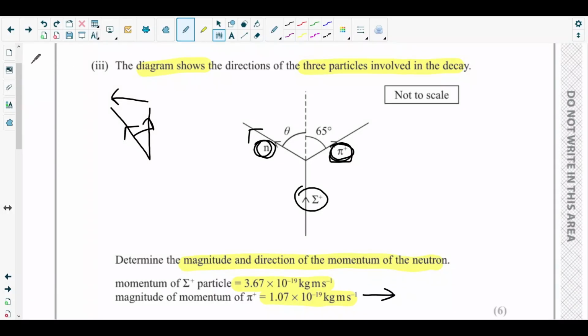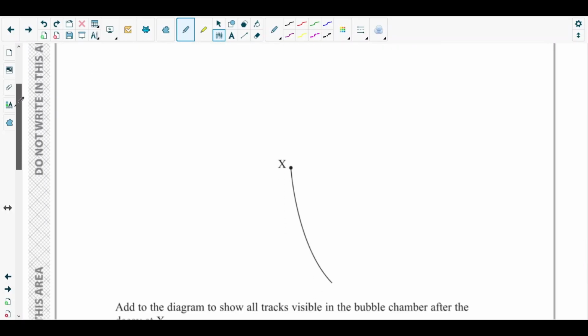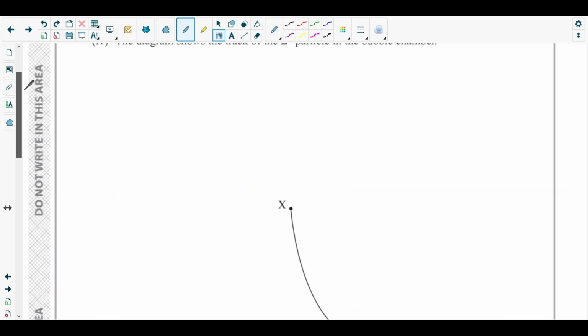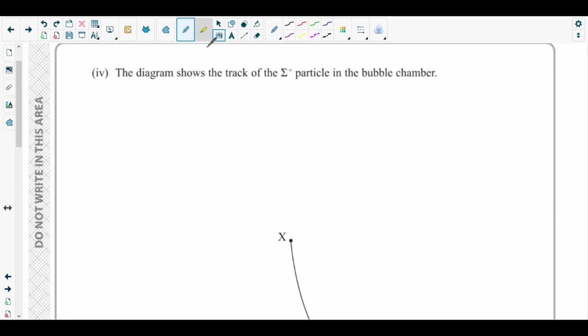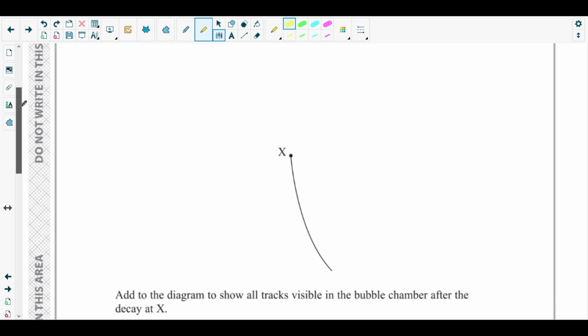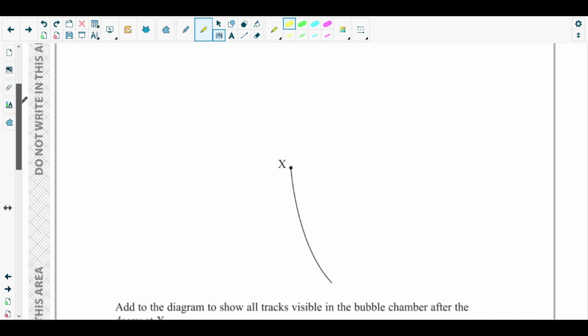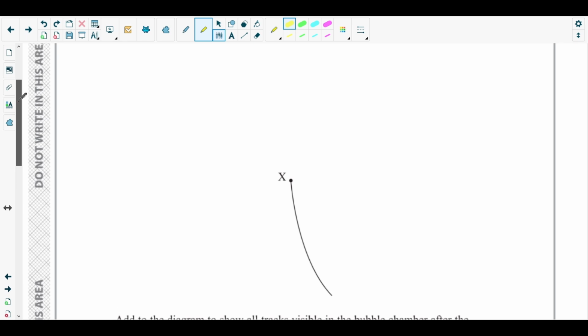Okay, next is part 4 of B, the last part of question number 18. Here the question says the diagram shows the track of the omega plus particle in the bubble chamber. We can see the track showing the pathway of the omega plus particle.